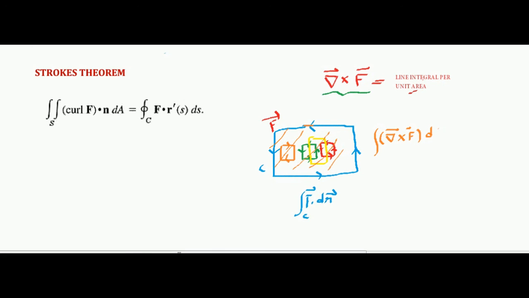So this is the same as taking the integration over the area dA. What is area dA? Area dA is the area enclosed in the curl. So this gives my total line integral, and this also gives me my total line integral. So these two things must be connected. This is the idea behind Stokes theorem.